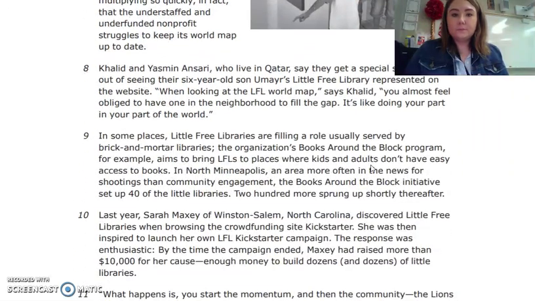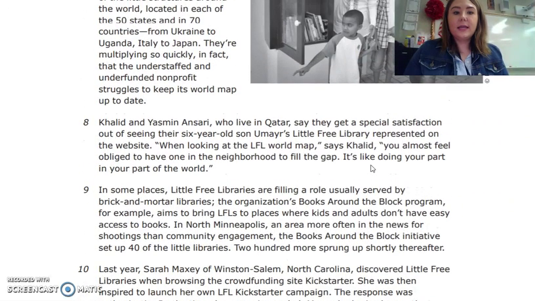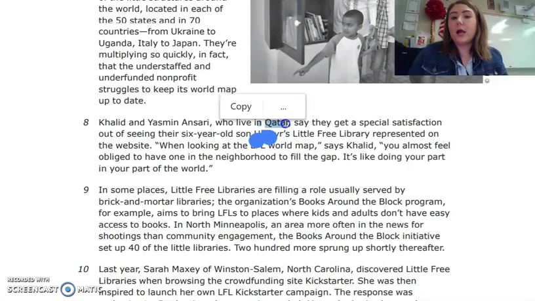That's really cool. So Khalid and Yasmin Ansari live in Qatar, and they get special satisfaction out of seeing their 6-year-old son, Umar's Little Free Library, represented on the website. So right there, for some of my students, they're in World Geography as freshmen. So some of them may or may not know where Qatar is located.